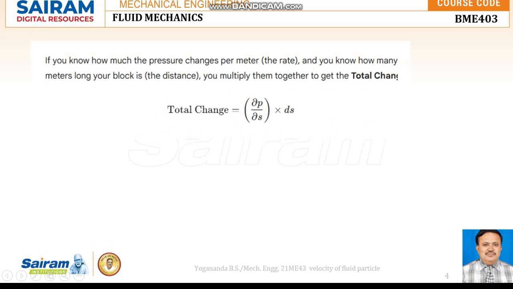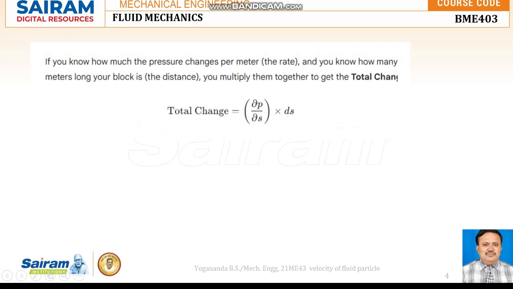So the total change in pressure is dou P by dou S into ds, the length of the fluid element.